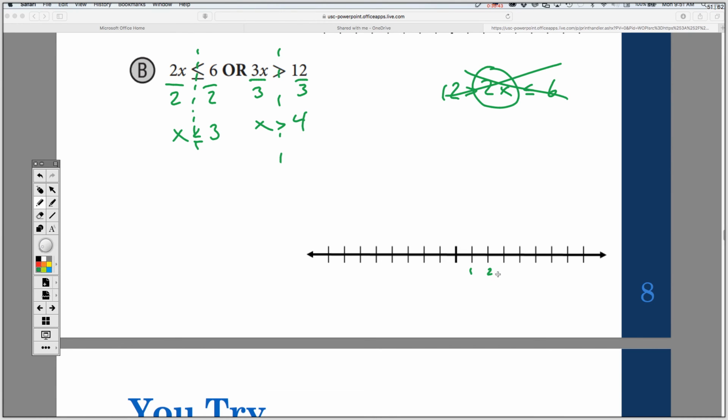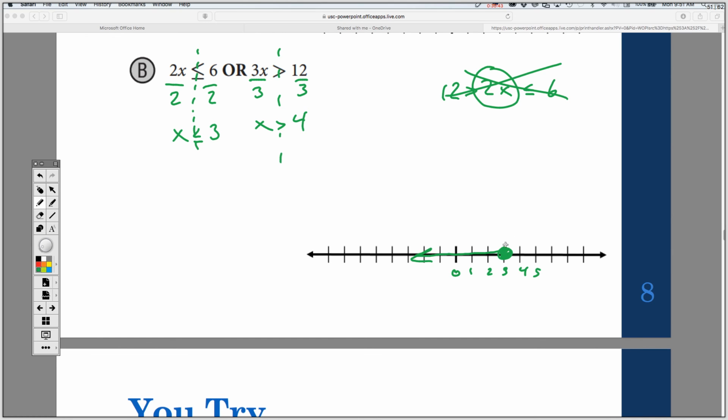All right, let's label it 1, 2, 3, 4, 5, 0. Okay, circle your 3. Open or closed? Closed. Left or right? Left.